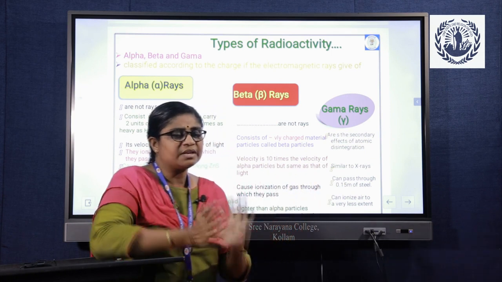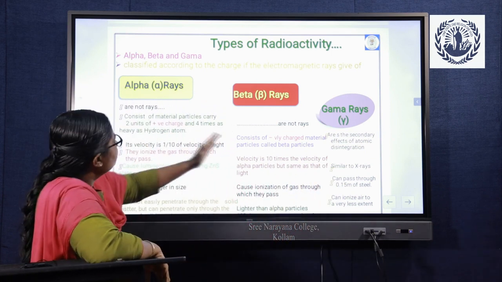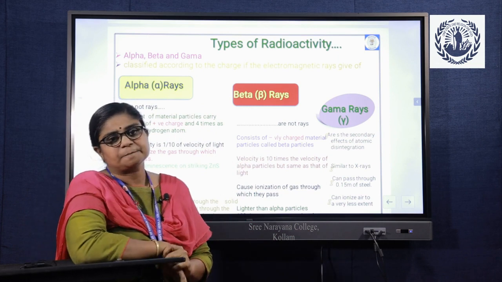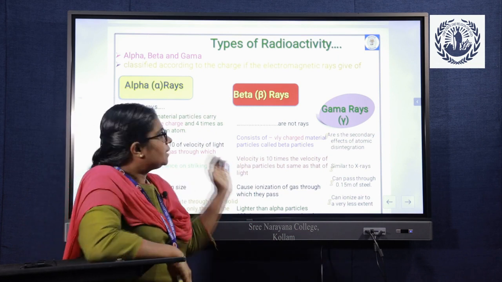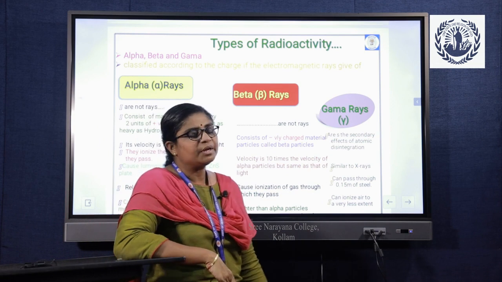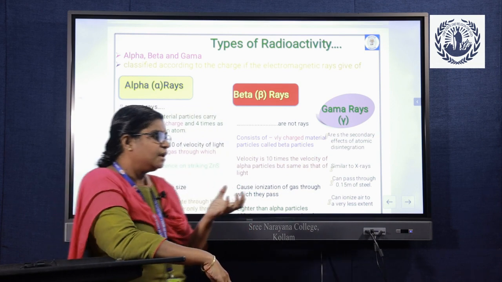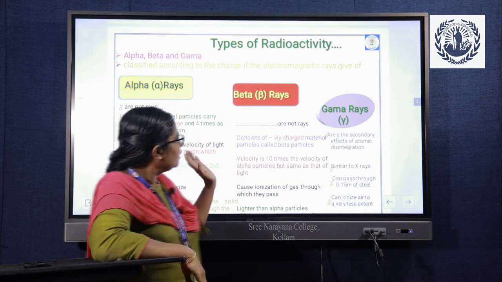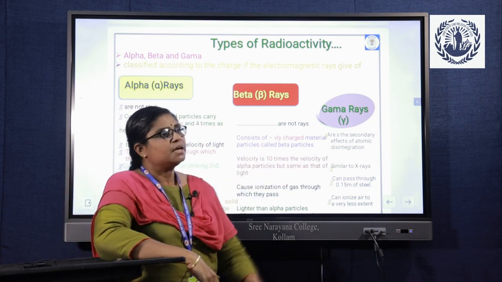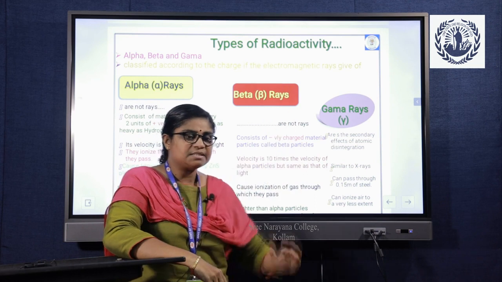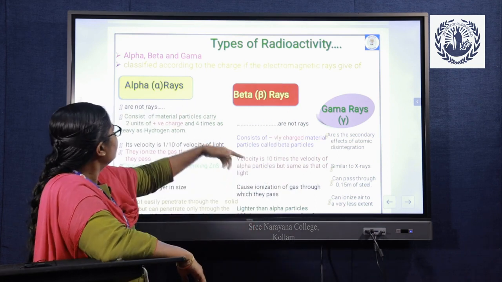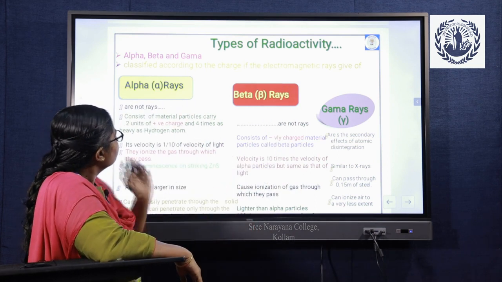Its penetrating power is higher compared to alpha and beta rays. So these are the three main rays during radioactivity. One unstable nucleus will produce alpha, beta and gamma rays in order to get to a stable state, and these are the properties of these rays.